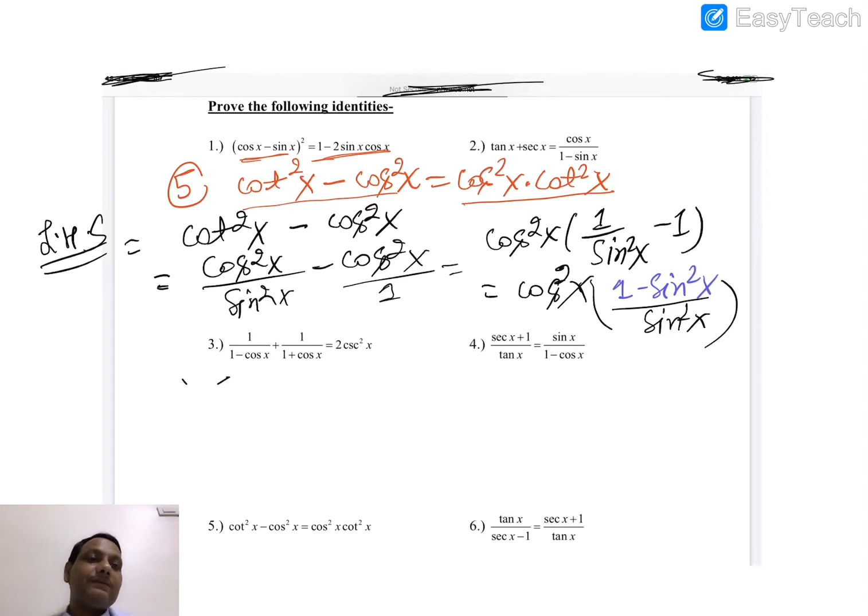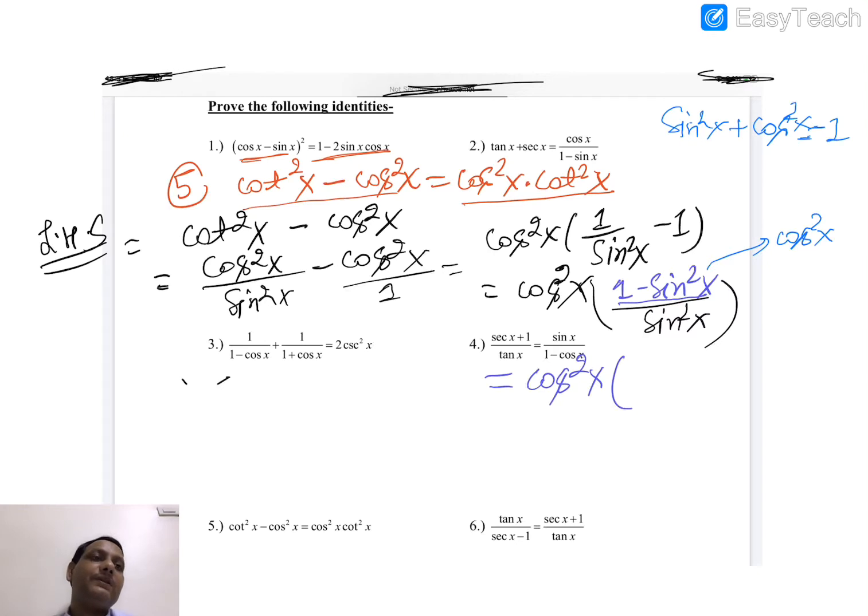Alright, as we know, I will write cos square x, then this thing 1 minus sine square x, you know the formula. For that reason I can write here 1 minus sine square x is what term? Cos square x, because you know the first identity: sine square x plus cos square x is equal to 1. For that reason we can use that.